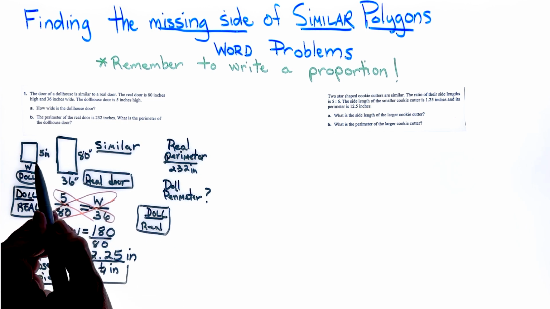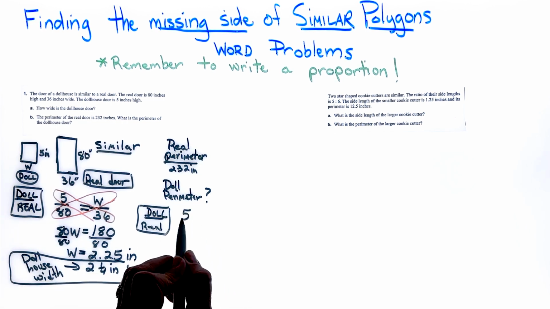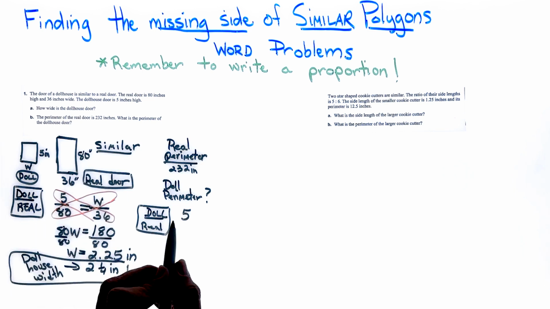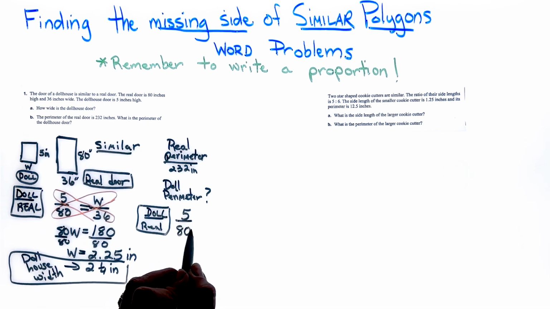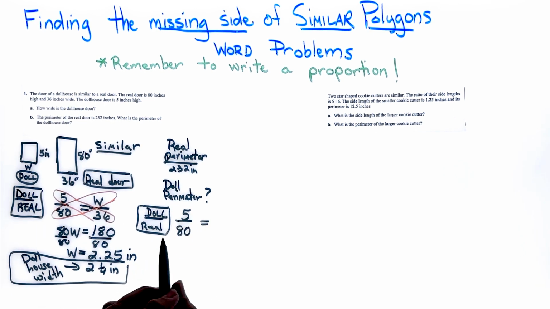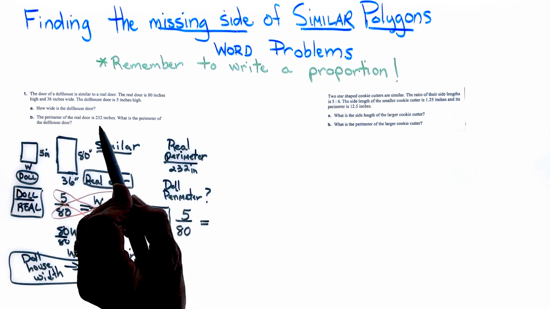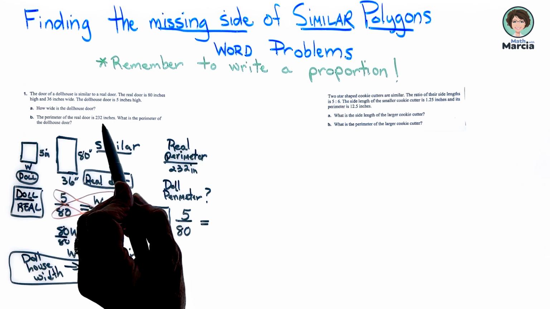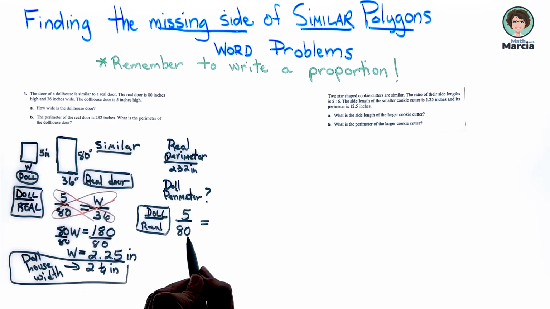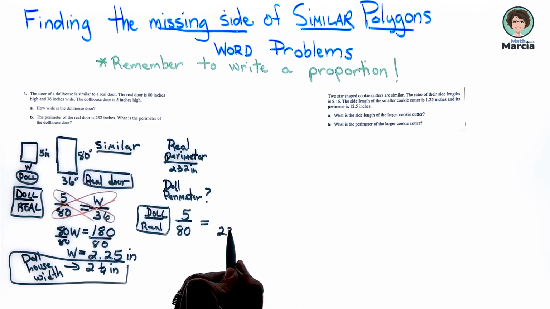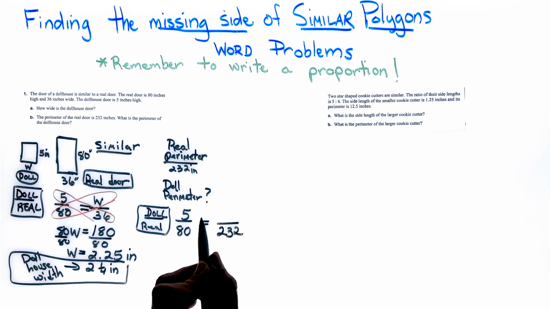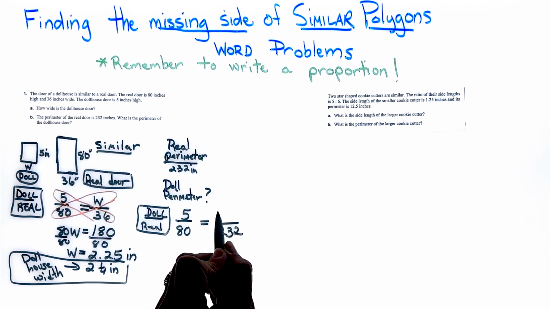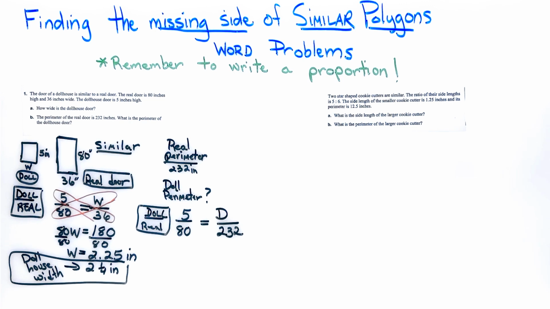So looking at the 5 for the height for the dollhouse, 80 for the height of the real door. So we can now compare the perimeters. The perimeter they give you of the real door. So notice, real was here, so real is going to go in my denominator, and this is my doll perimeter.